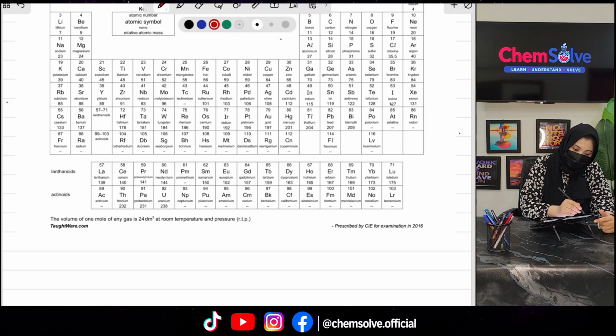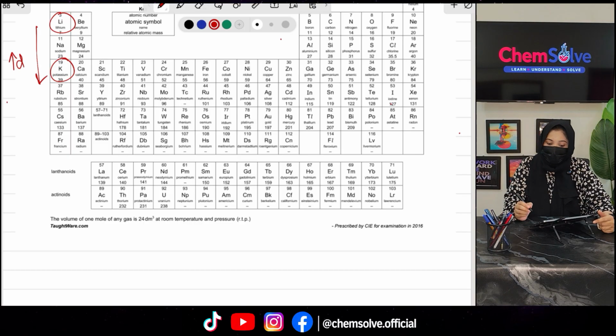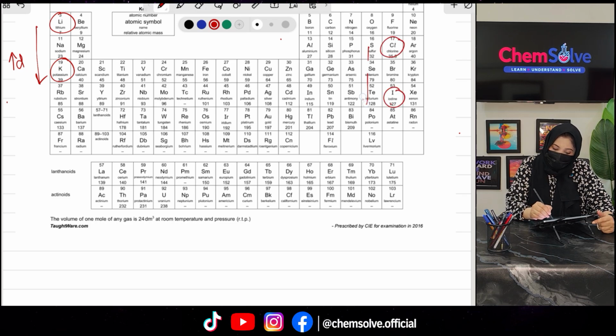In the periodic table, lithium is here and potassium is here, and density increases as we move down the group. And chlorine is here, iodine is here, density also increases when we move down the group.